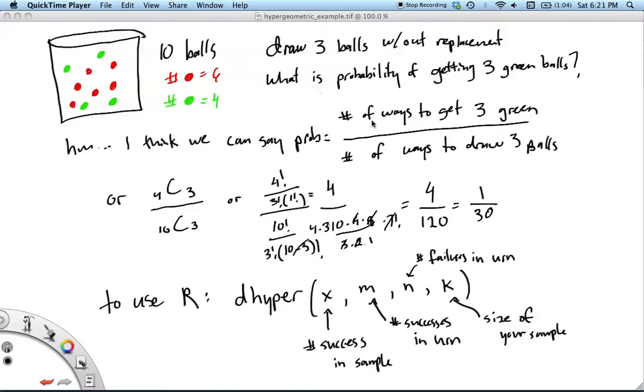So in this case, I want all of the balls to be green. So how many ways could I choose 3 green balls from these 4 balls?